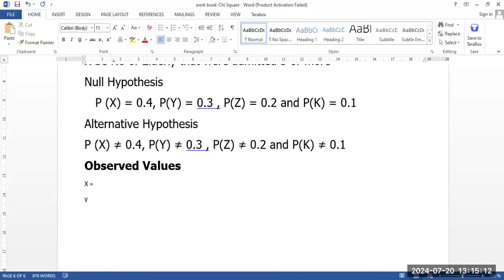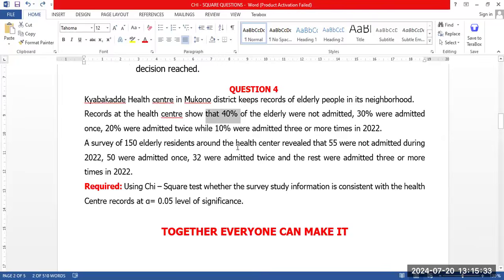You have Y, you have Z, then you have K. This survey revealed, so this is your observation. This is your actual data. 55 that were not admitted, then 50 admitted once, 32 twice, then the rest.